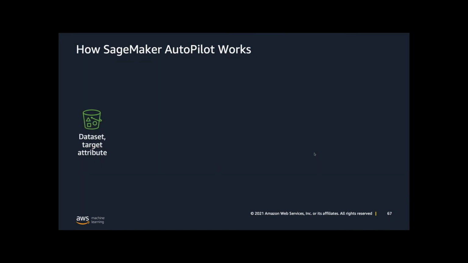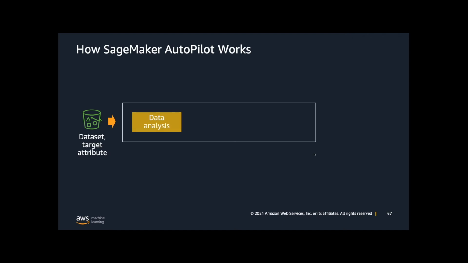That's where SageMaker Autopilot comes into play, right? You pretty much need to import your data into SageMaker and tell it what you are trying to predict. Then Autopilot analyzes the data, figures out what kind of problem is being solved, and what feature engineering is needed to address the problem.